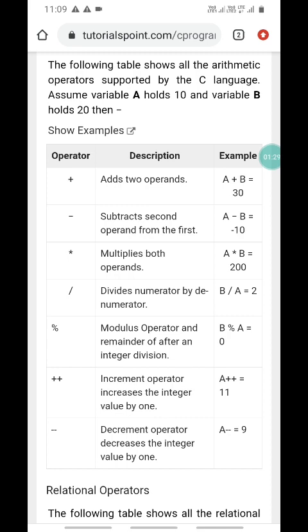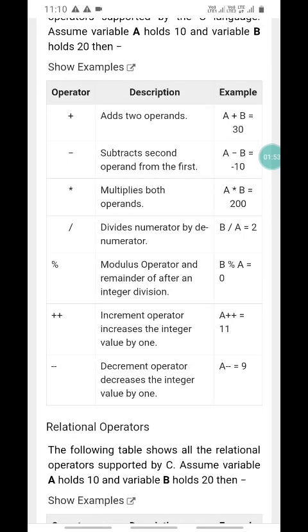So plus adds two operands. For example, A plus B. A and B are the operands, and plus is the operator, and equal to is also an operator, which is equal to A plus B. The result is 10 plus 20, and the resultant answer is 30.